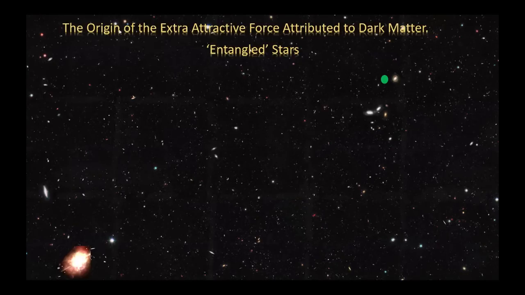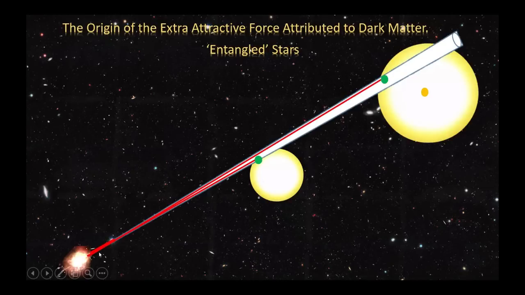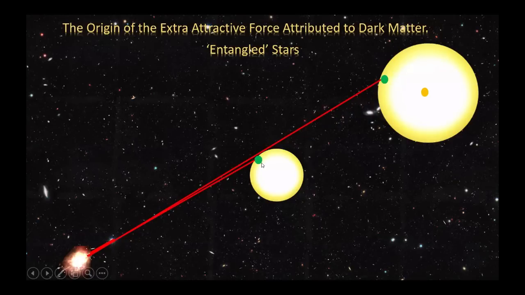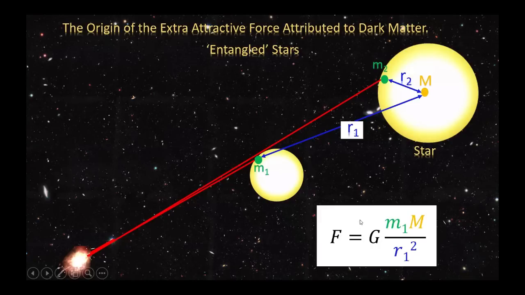Let's look at where the extra attraction force attributed to dark matter might come from. Let's assume that a GRB, a gamma-ray burst, hits two different stars, producing entangled atoms on them. Let their masses be m1 and m2. We want to calculate the gravitational attraction between the atom mass m1 and the capital M mass star. If entanglement did not exist, we would divide by the square of their center of mass distance in the formula.